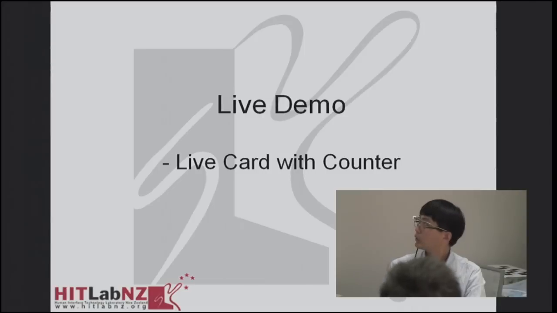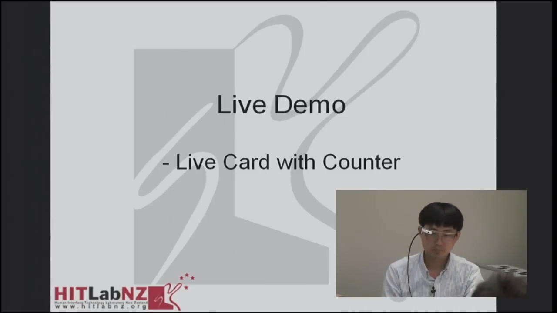The last thing I would like to demo for now is creating this live card with a counter. It's already almost 11. This shows how to update the live card or the remote view later on.